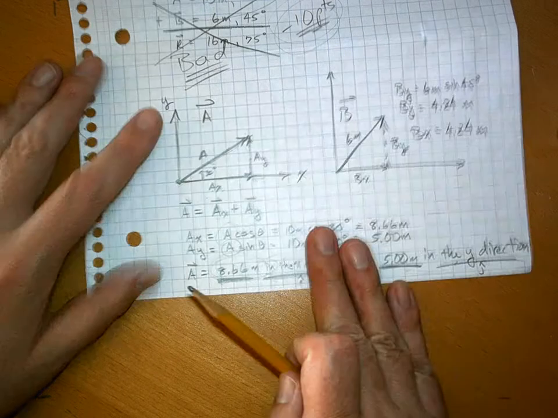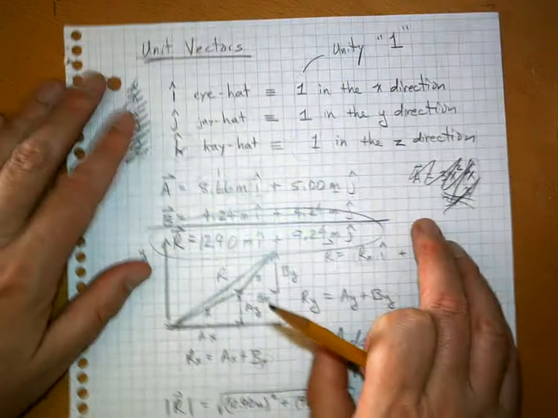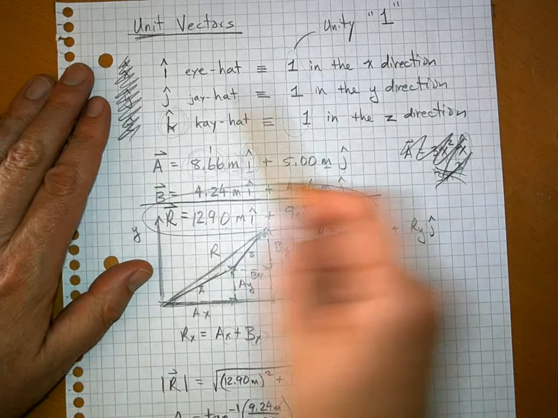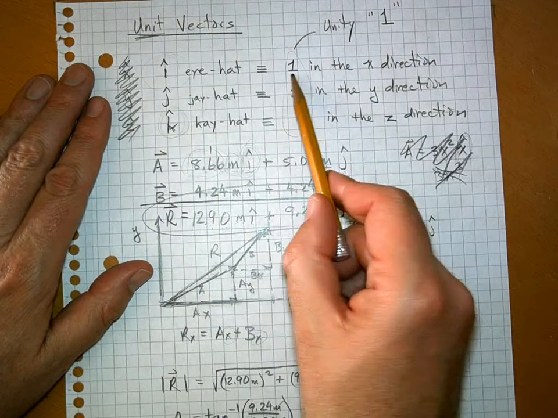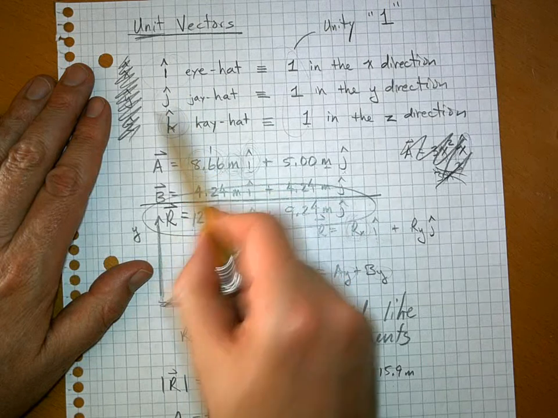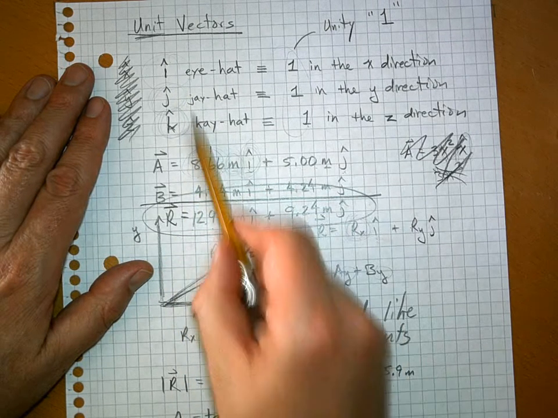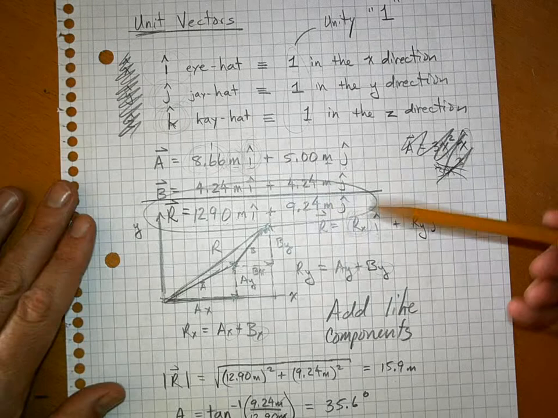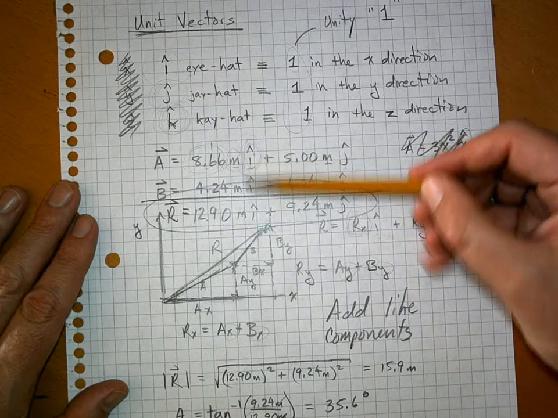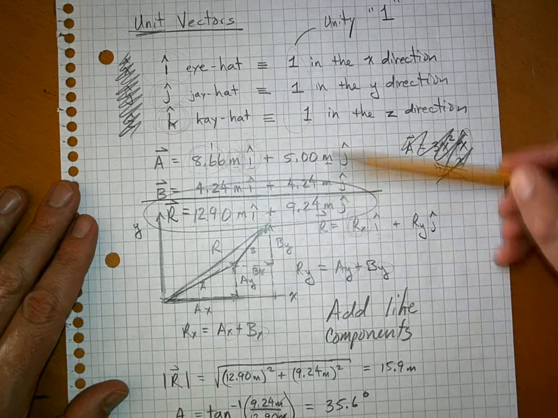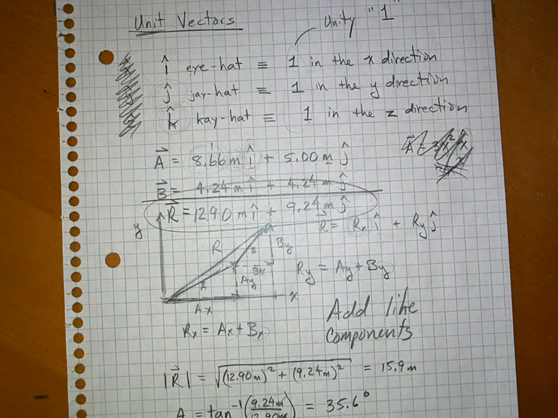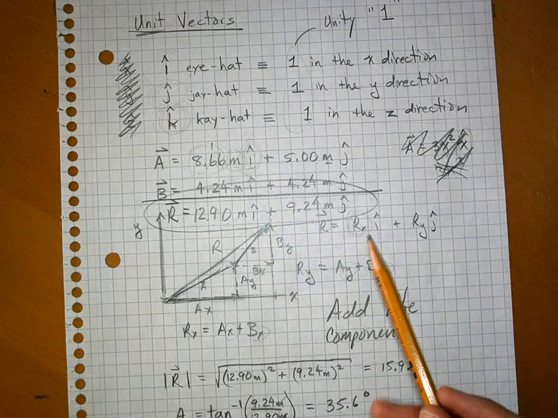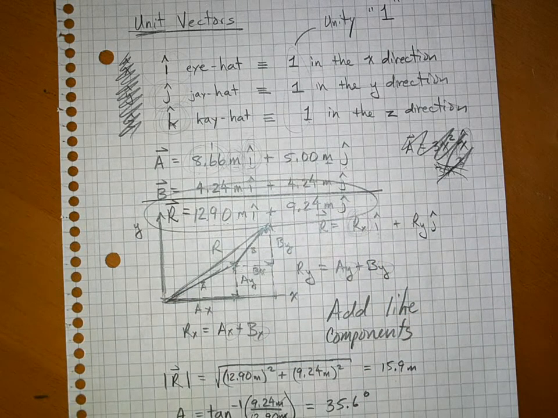Remember that unit vectors are just a very convenient way of saying, hey, this stuff with the i hat is in the x direction. The stuff with the j hat is in the y direction. The stuff with the k hat is in the z direction. Then you can just add up all the stuff that's in the x direction, add up all the stuff that's in the y direction. You've got your answer in rectangular coordinates expressed with i, j, k unit vectors.